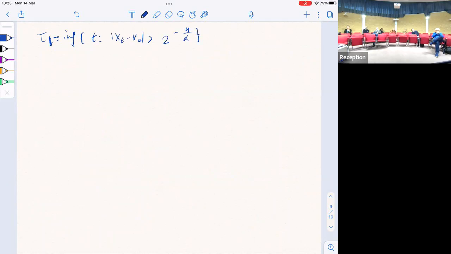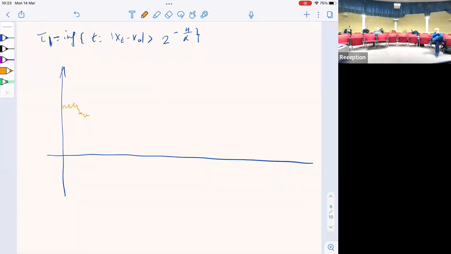So let me draw a figure here. Let's say we have a path which is quite irregular. This is our first interval, or any interval in the middle, and it jumps quite a lot.